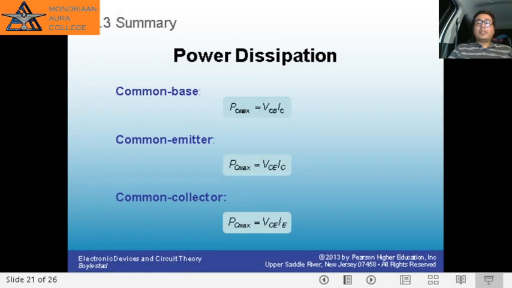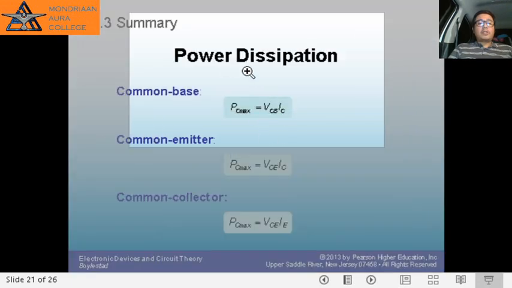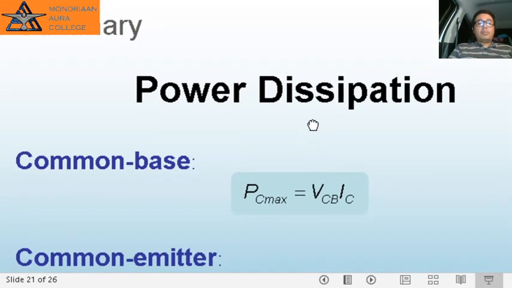How do we solve for the power dissipation ng ating mga different configuration? When we say power dissipation, ito yung kinakain na power ng ating transistor, based on the different configuration. So ang una, we have the common base.